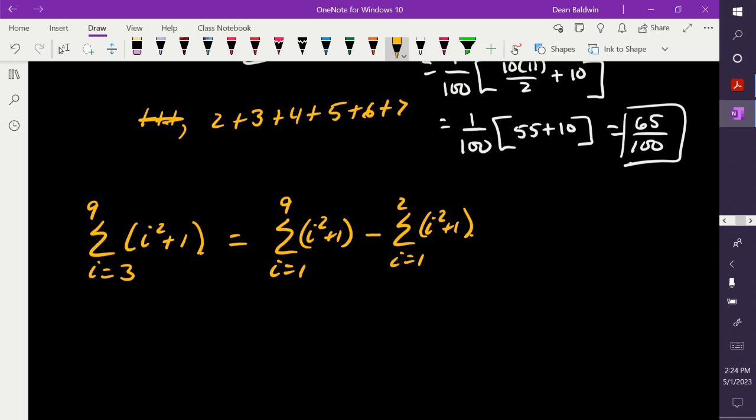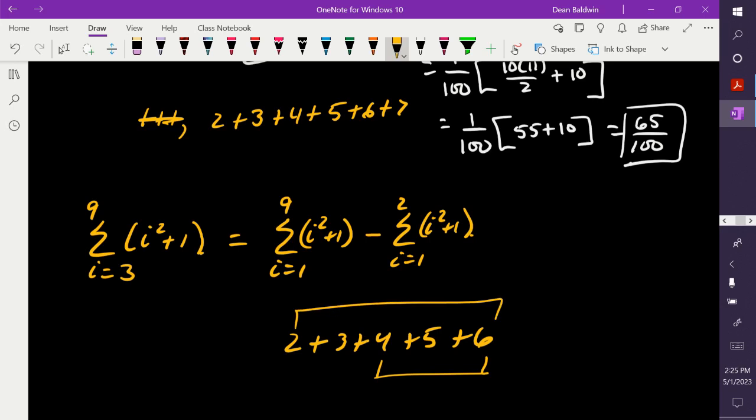So if I said, here's all the numbers you're adding together: 2 plus 3 plus 4 plus 5 plus 6, say, but I only want to add these 3, 4, 5, 6, basically, you can add all of them and then take off the 2 and the 3. That's what we're doing, the first 2 terms.